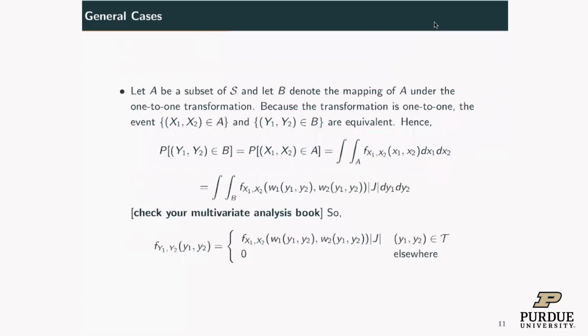We can apply some multivariate calculus knowledge. So for example, let A be a subset of S. Let B denote the mapping of A under this one-to-one transformation.